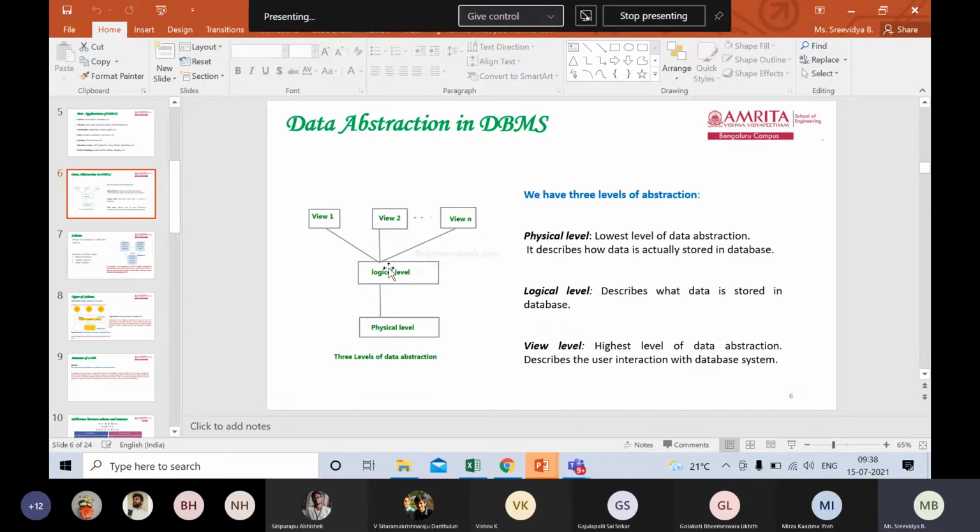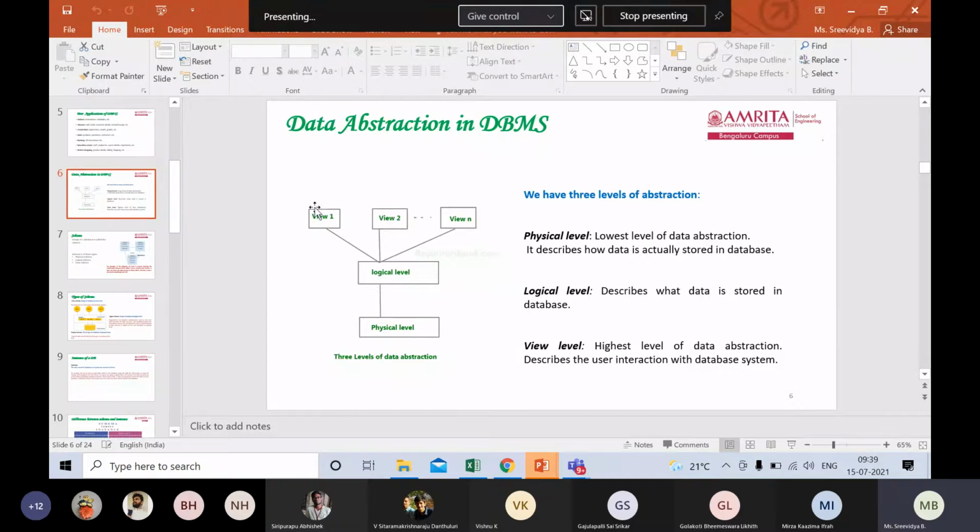Say, for example, a student database, an employee database, a company, a college, or some supermarket. Any entity that you take into consideration, we are supposed to form a logical structure for it, and those properties are associated with that particular entity. That will form the logical level.